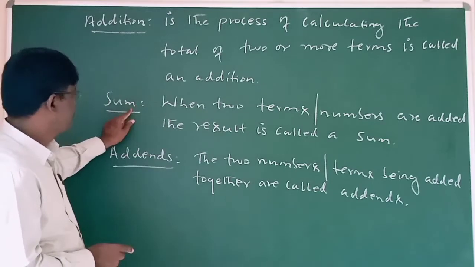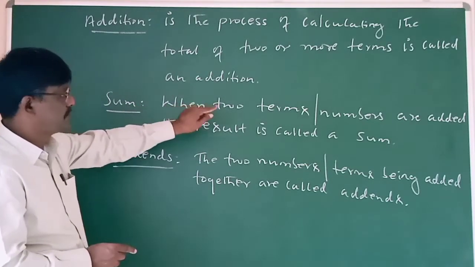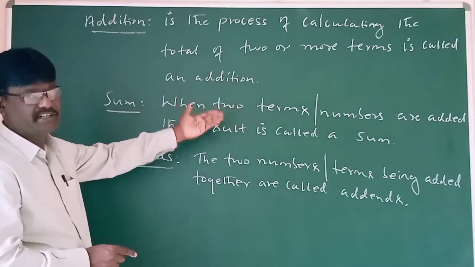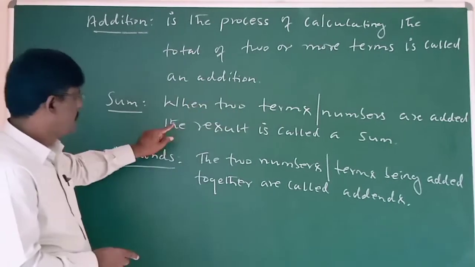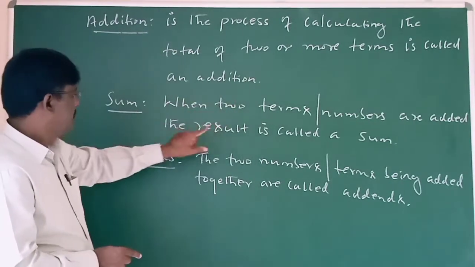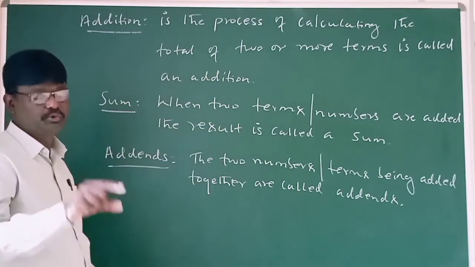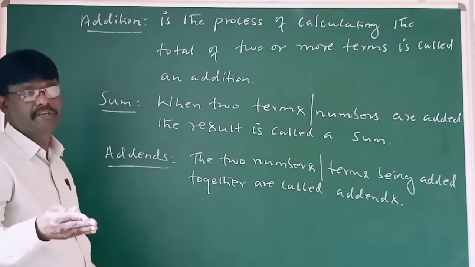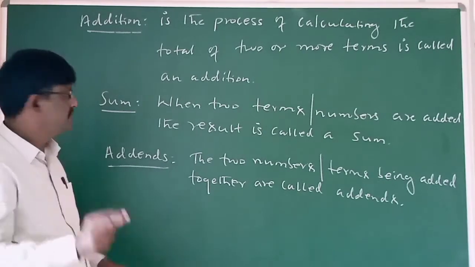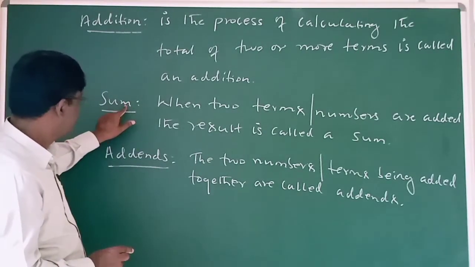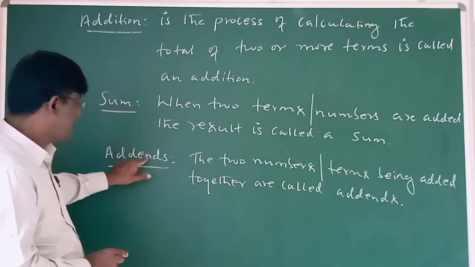Next, sum. When two terms or numbers, algebraic terms or even numbers, are added, the result is called a sum. Take for example 5x plus 3x equal to 8x. That 8x is the result, and that result we say what? Sum.